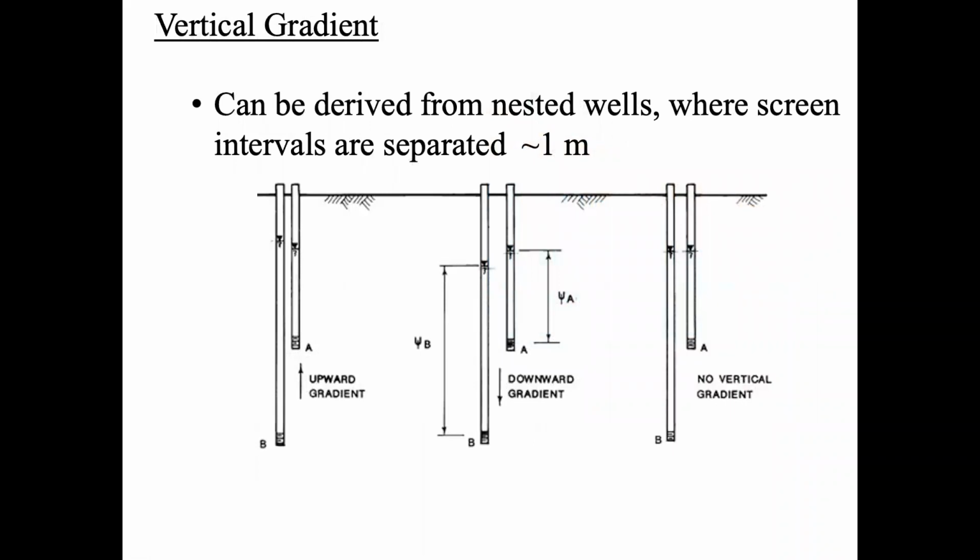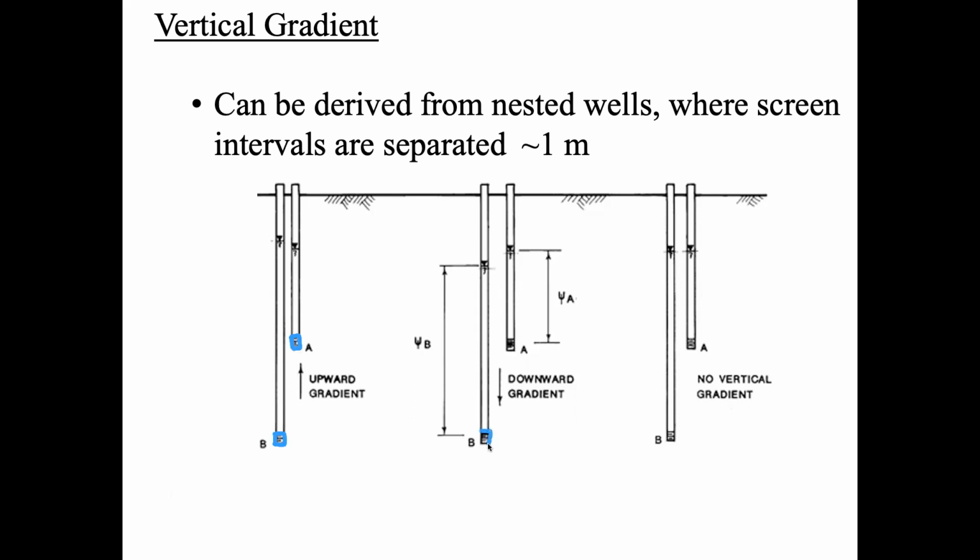Now, vertical gradients can be derived from nested wells where the screen intervals are separated by 1 meter. Here you'll see our screens. Each one of these zones is a screen. Again, you can think of a screen as a piece of PVC pipe drilled with tons of little holes in the bottom.